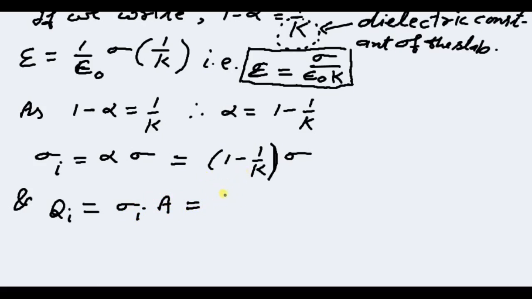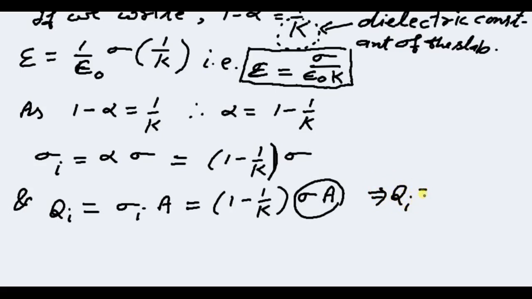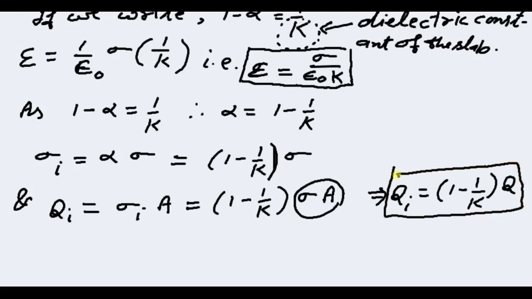Value of sigma I is 1 minus 1 upon k into sigma, and A. So as sigma A is equal to Q, we can write Qi is equal to 1 minus 1 upon k into Q. This is the value of induced charge at the surface of the dielectric slab.